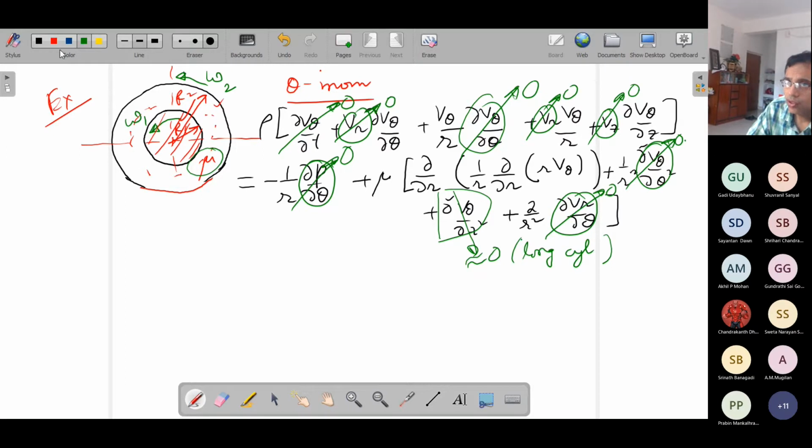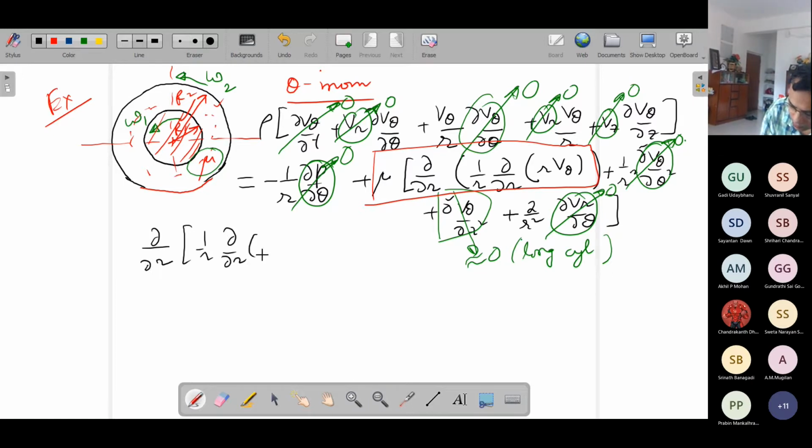So we are left with only one term, this one. And that will lead to basically, mu is not equal to 0, so this is equal to 0.